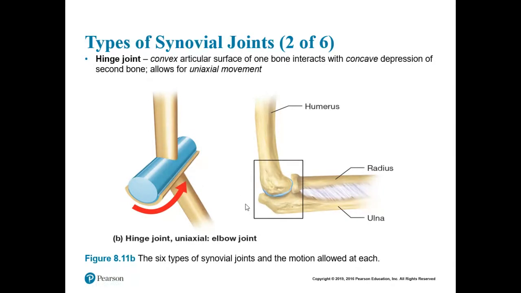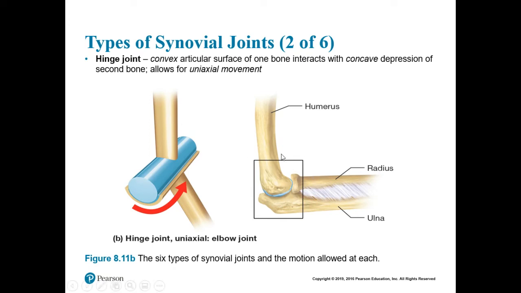What's special about this one is that the convex articular surface of one bone is going to interact with the concave depression, essentially, of the other bone. So that's what allows the movement of the elbow joint between the humerus, the ulna, and the radius.